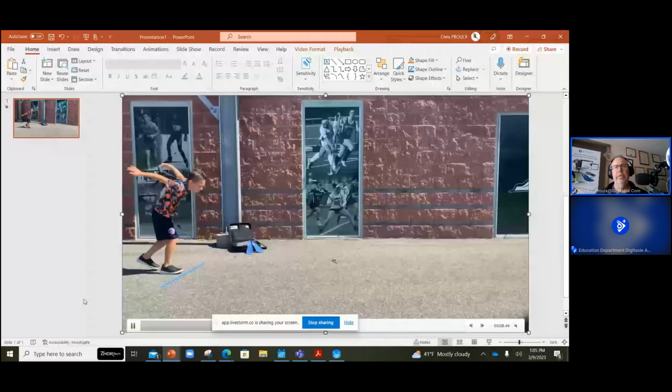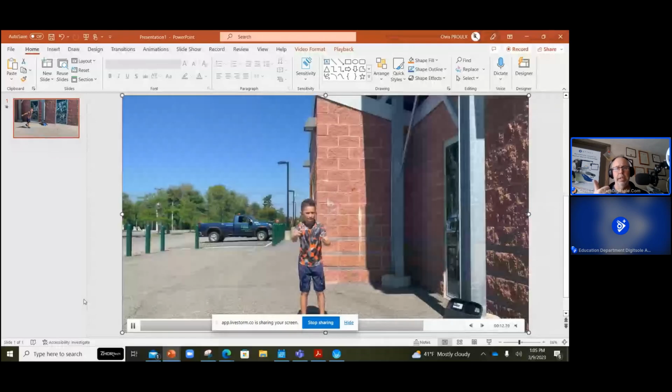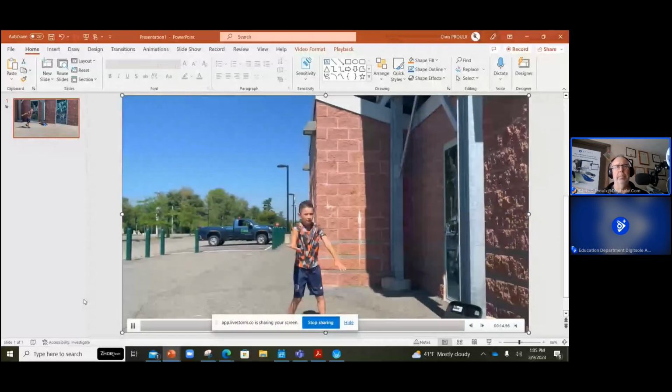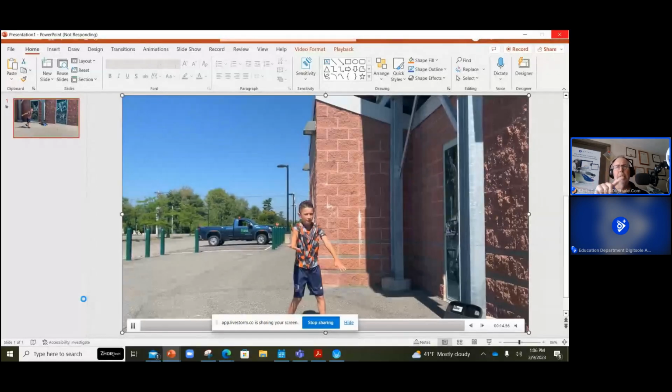These tests for the single legs, the single hop, the triple hop, and the side hop, typically are evaluated really just based on the distance covered in the single hop and the triple hop, and then the number of jumps in the side hop, and that was pretty much it.